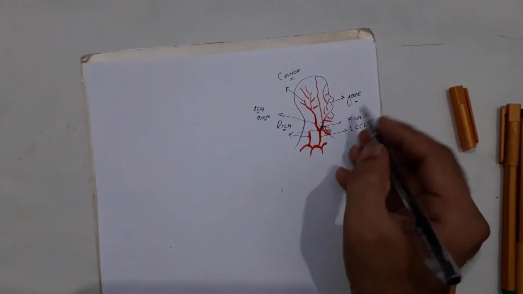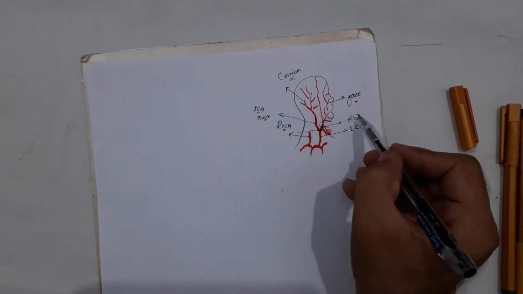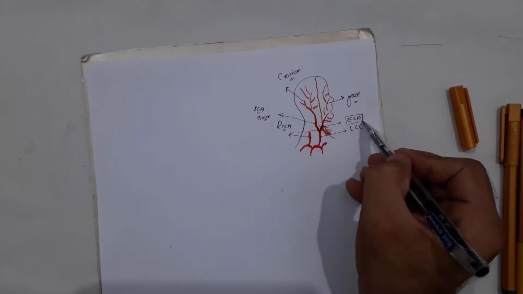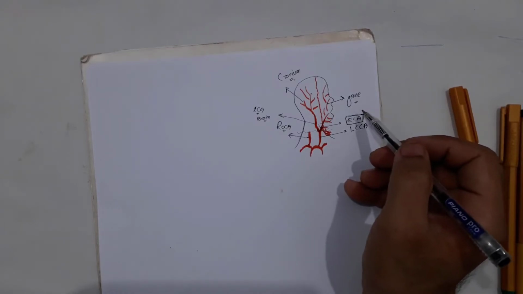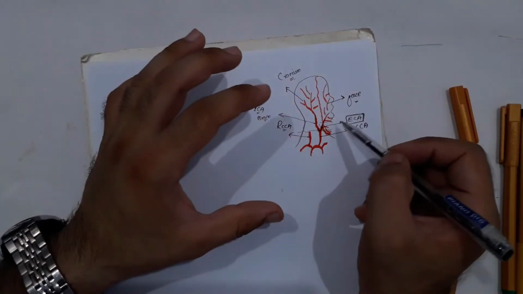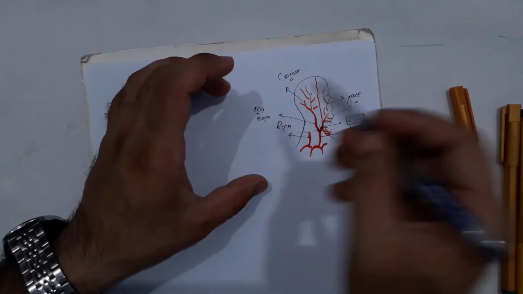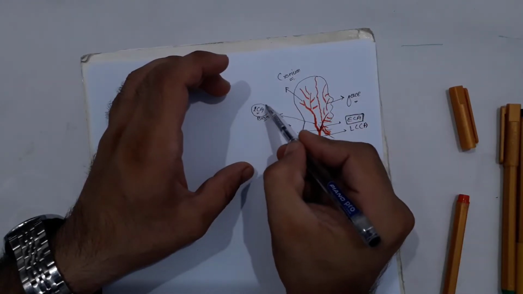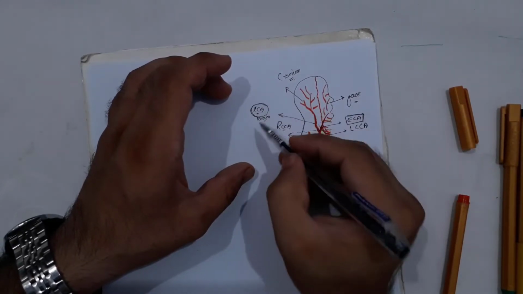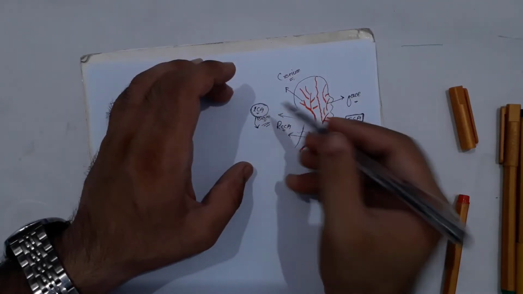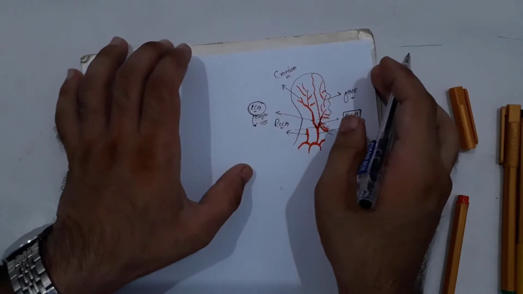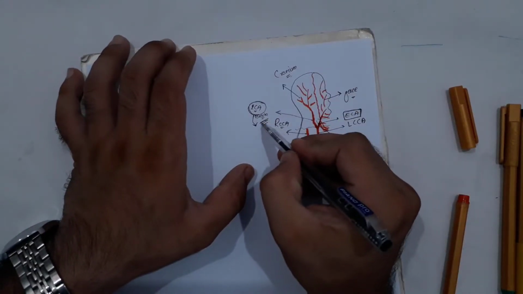Clear, friends? So our aim in this lecture is to discuss this external carotid artery. Now I am starting lectures on the blood supply of the head. About the internal carotid artery I have a separate lecture, which is the blood supply of the brain. You can watch it in my lectures regarding the blood supply of the nervous system.